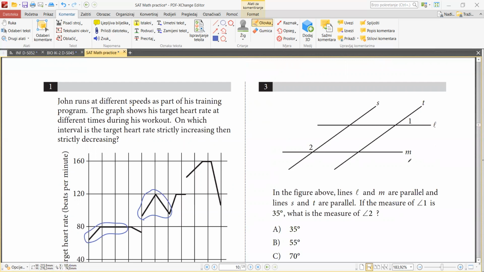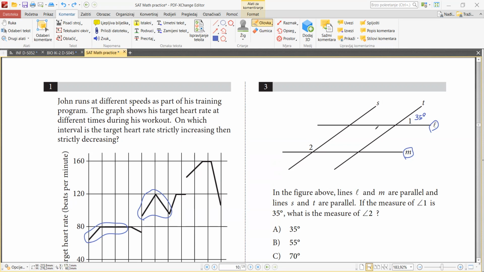Question 3. In the figure above, lines L and M are parallel, and also S and T are parallel. If the measure of angle marked as 1 is 35 degrees, what is the measure of angle marked as 2?